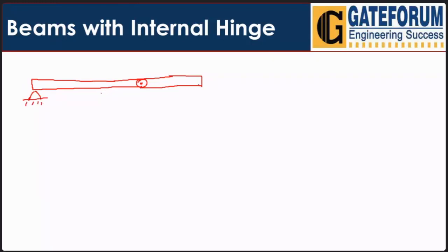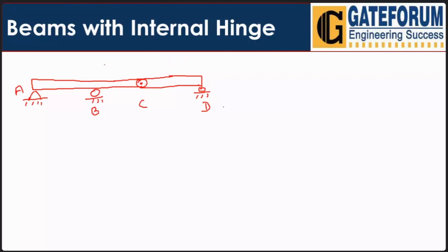Suppose here we have hinge, roller, as well as a roller or hinge like this. Suppose this point is A, this point is B, the hinge point is C, and this point is D. And load is acting here.